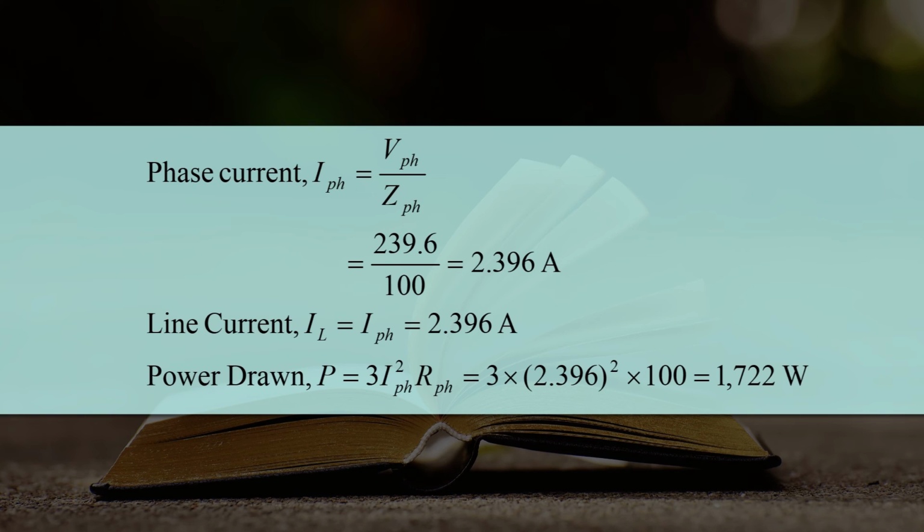I phase is 2.396 and R phase, the resistance of that phase, is 100 ohm. Just put the values and it comes to 1722 watt.